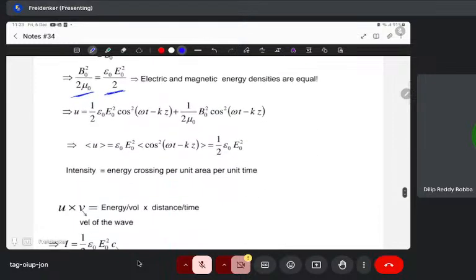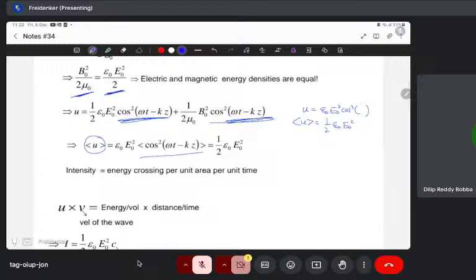And they're substituting the magnitudes. Fine. Okay, this is the average energy density. And the average of cos square is half, so it just disappears. And both of them are equal, so I can write it as mu equal to epsilon naught E square cos square whatever. So average of mu will be half epsilon naught E square, because the average of cos square is half.